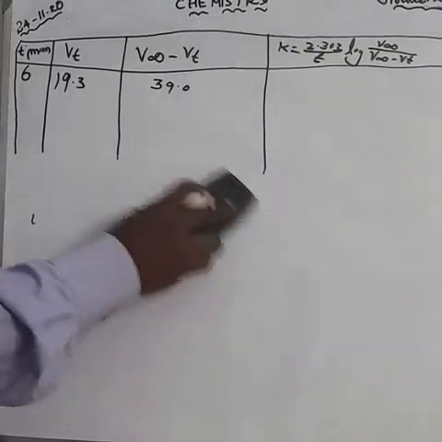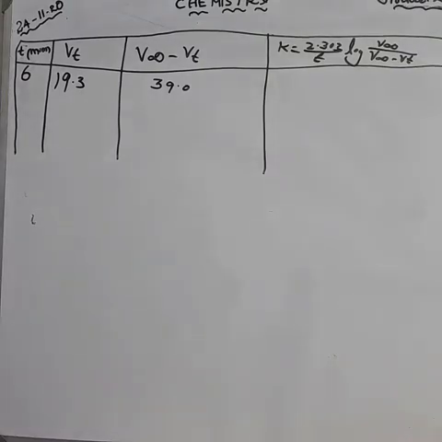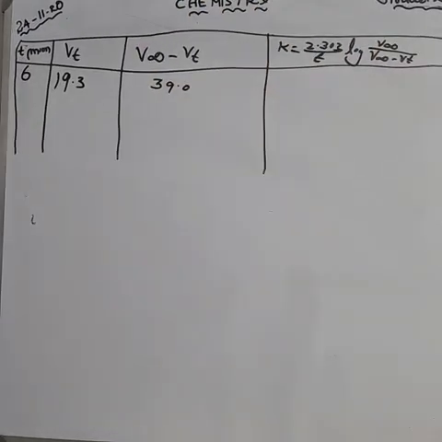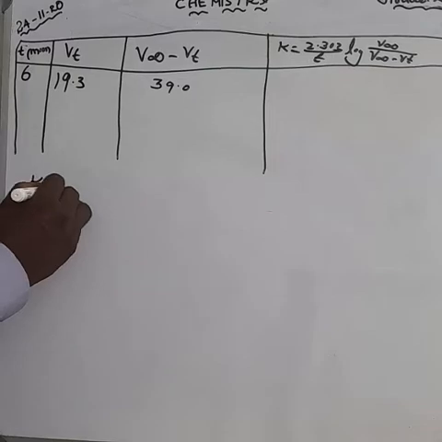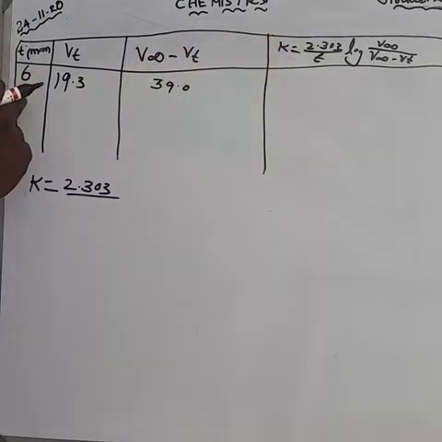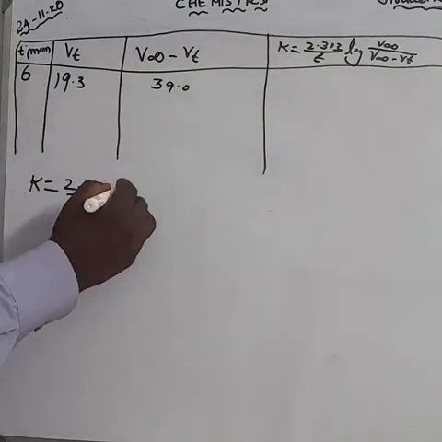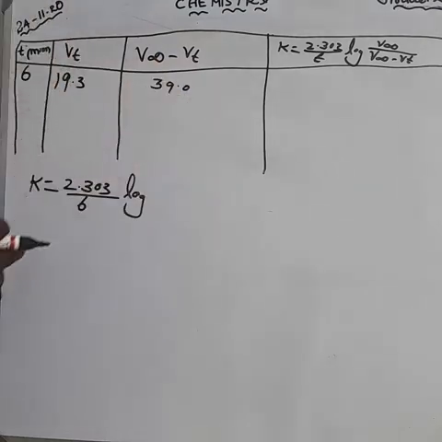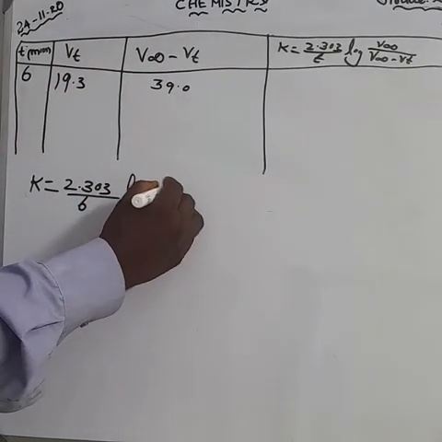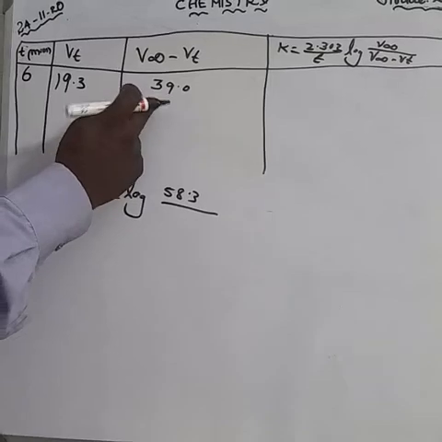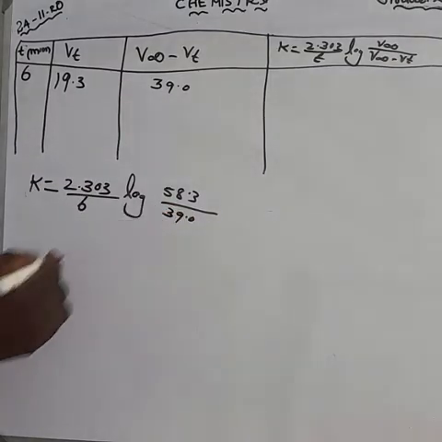K is equal to 2.303 divided by t, that is 6 minutes, log V infinity, which as per the tabular column is 58.3, divided by V infinity minus Vt, that is 39.0.